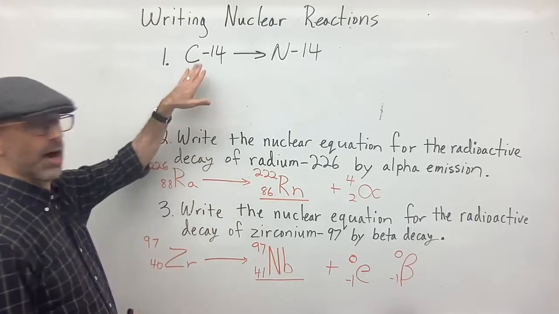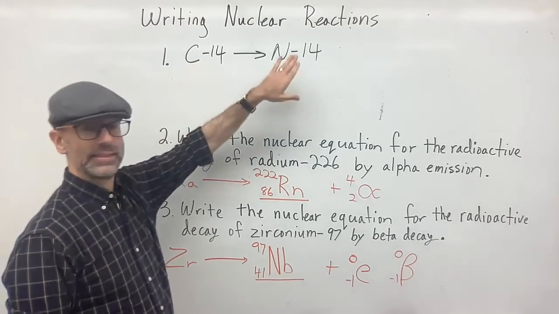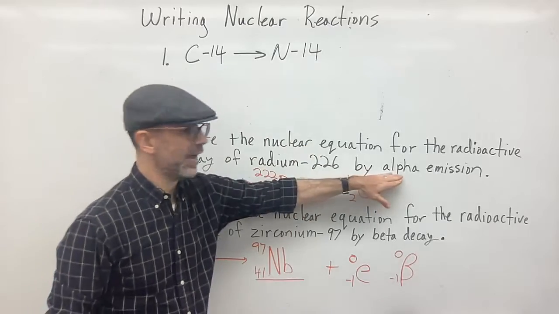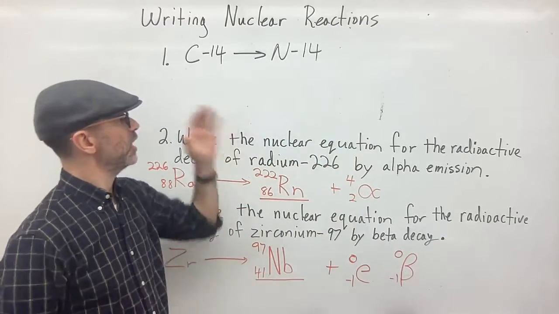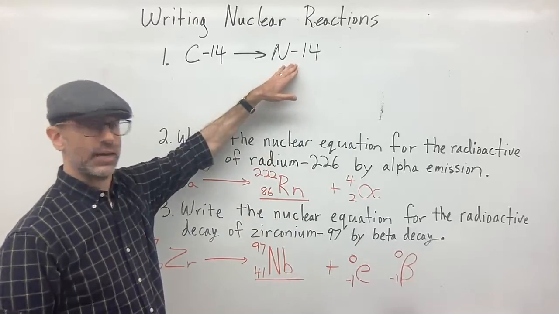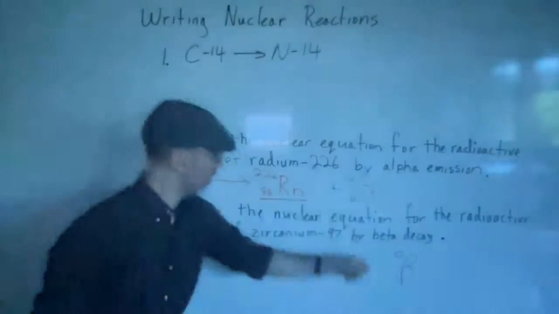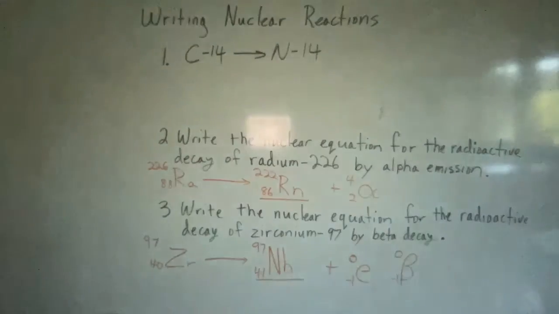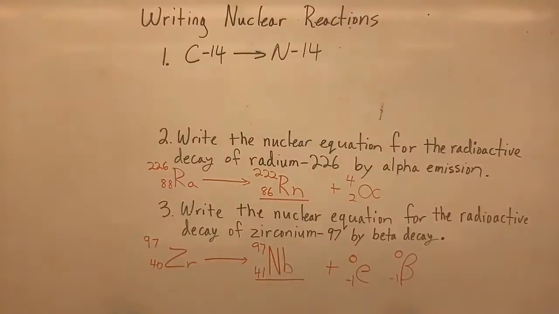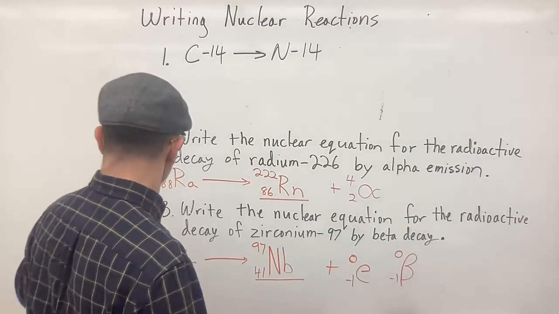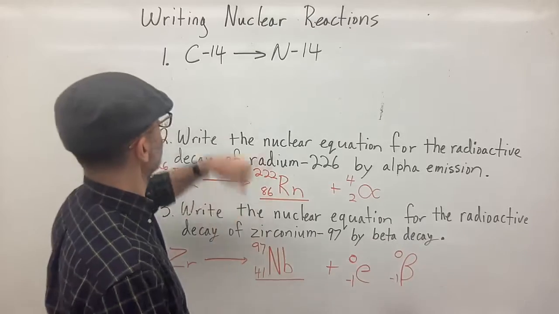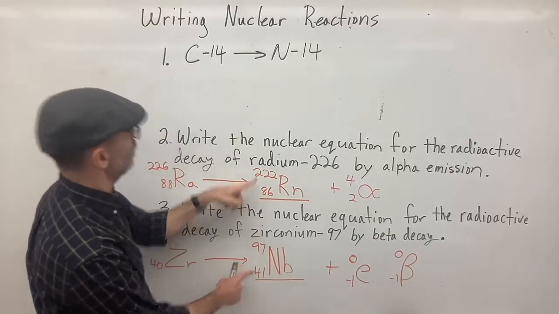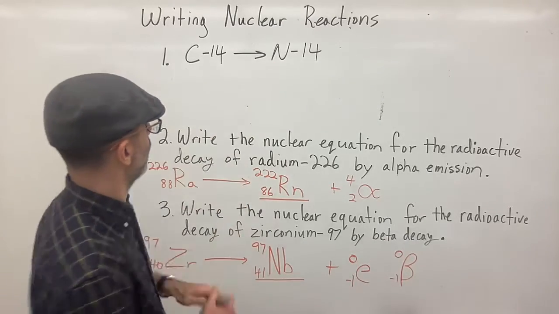So here we have our parent isotope, and instead of giving us the decay and the particle that's decaying, the particle that's being released, they're giving us the parent isotope. So instead of being given this and this, we're given this. So this is our daughter isotope.